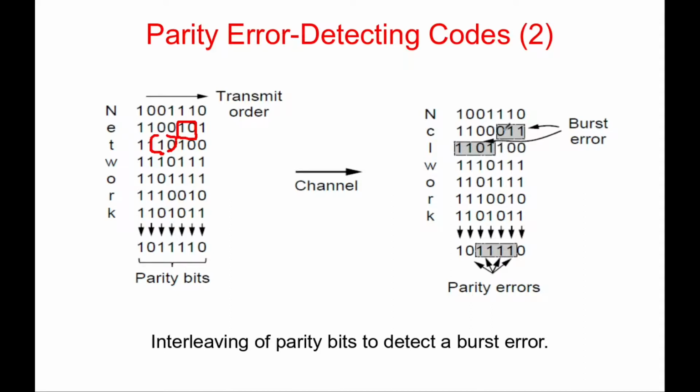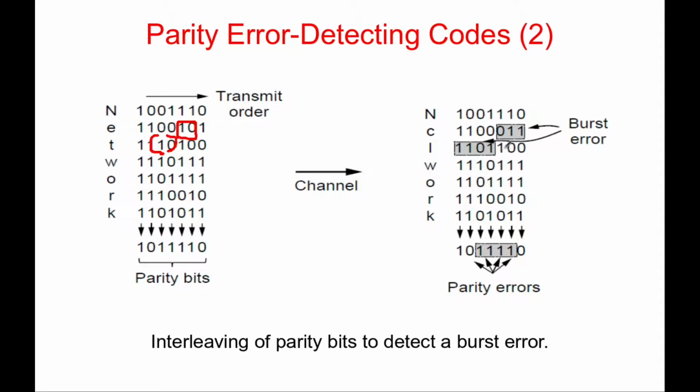Now that was not possible to detect, because previously, for every column there was only one single bit in error, and that's why it could be detected with this parity calculation. But when the length of the burst error goes beyond that n, that means the 8th bit, which is more than the number of columns here, is also in error for this particular row.